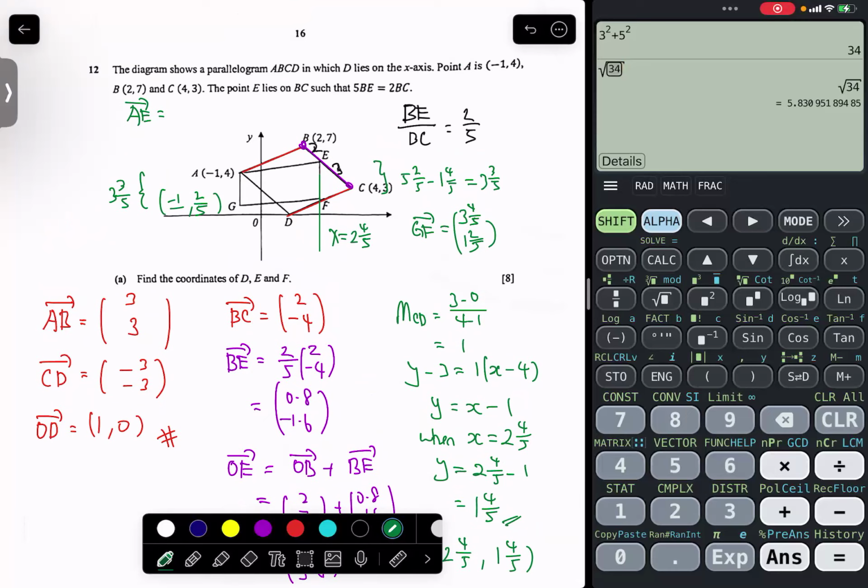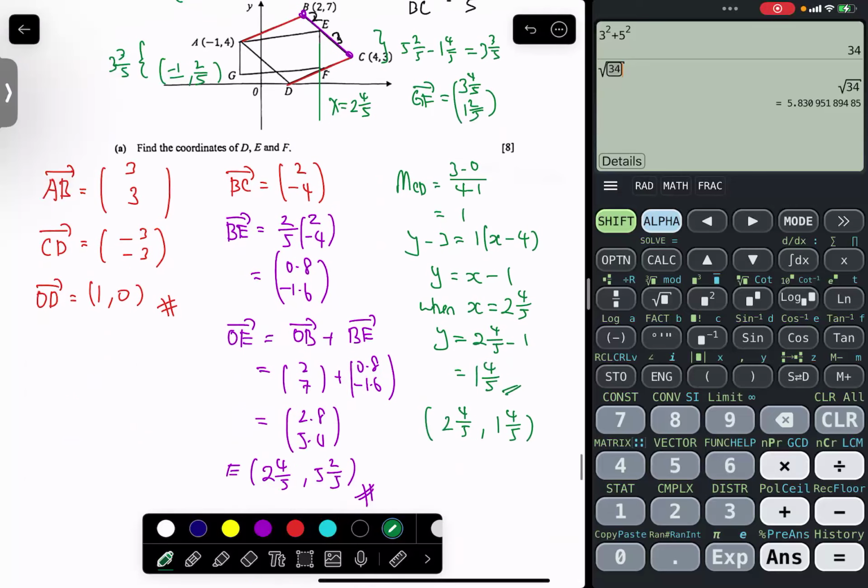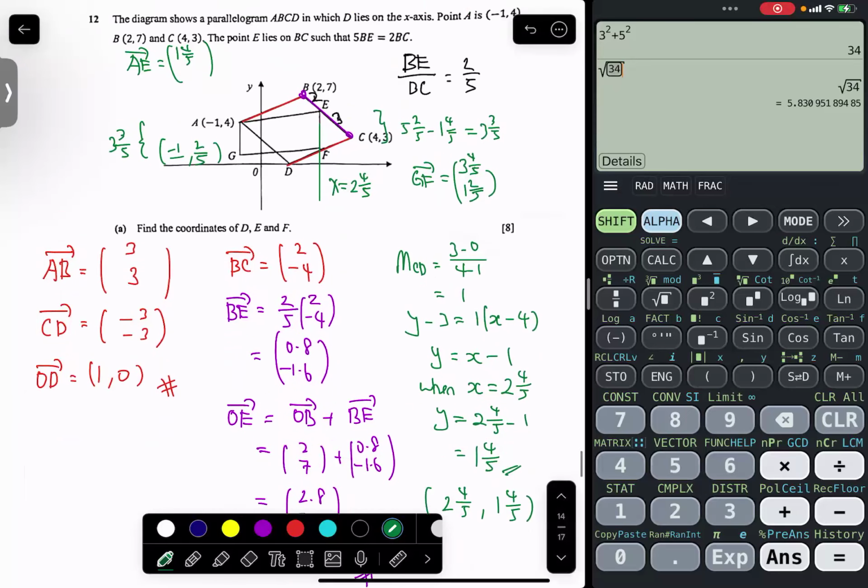Wait, AE, where's my E? 2.8, 1 whole 4 fifths. And then from 4 to 5.4, 1 whole 2 fifths.